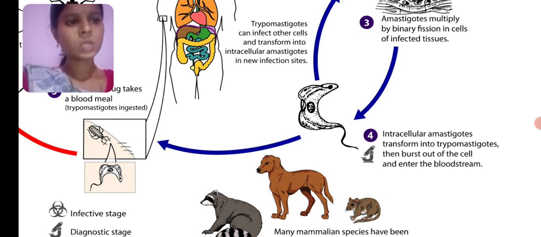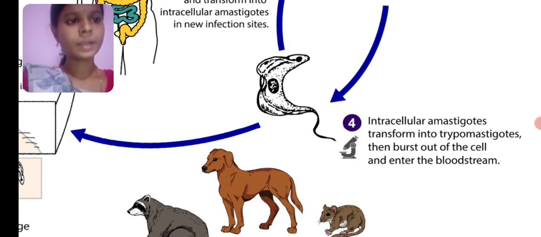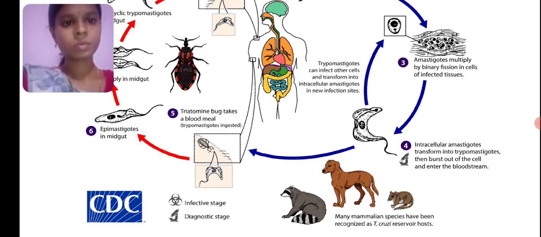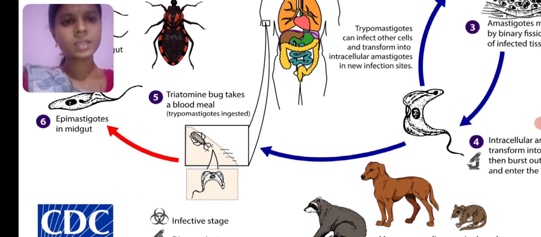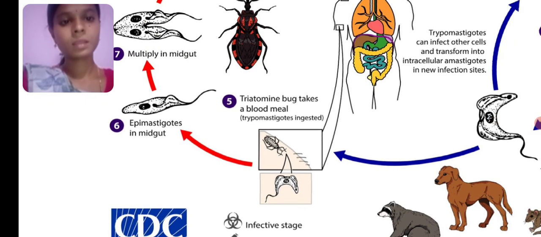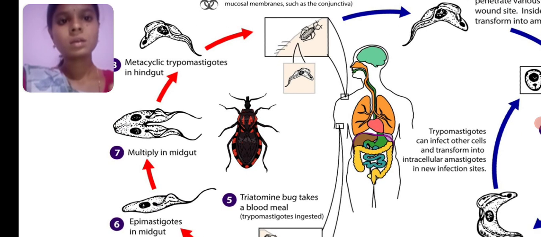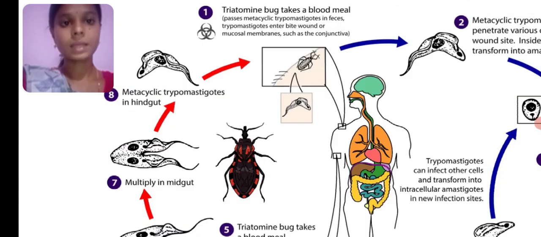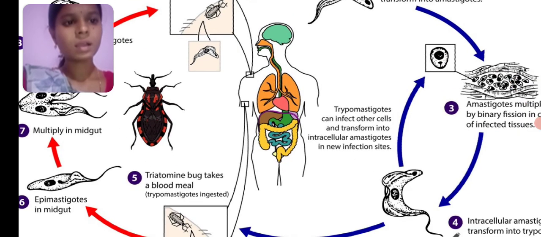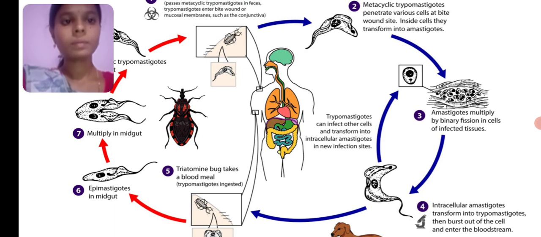Next, intracellular penetration of cells and entry into the bloodstream. Next, a blood meal is taken by a bug. Next, in the midgut, epimastigotes multiply. Cycling of trypanosomes in the bug and the cat, affecting the human being.